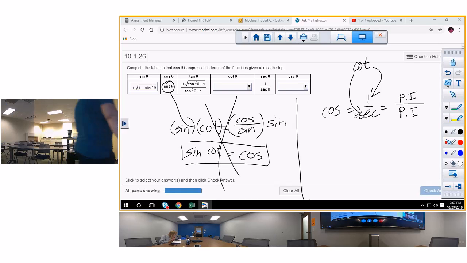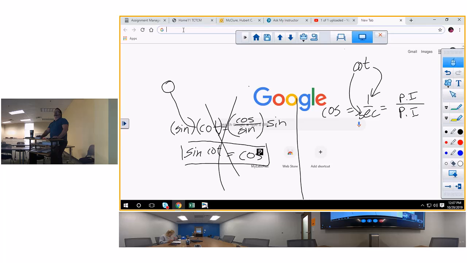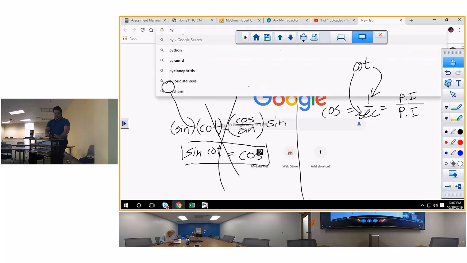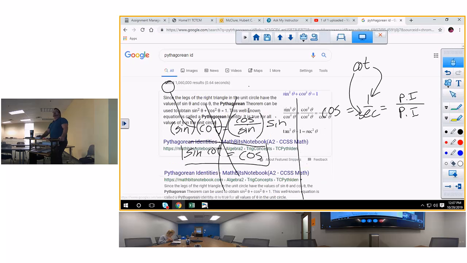And you know that secant plus tangent, pull up your Pythagorean identity. I can't spell today. We know that tangent squared minus 1 is equal to secant squared.